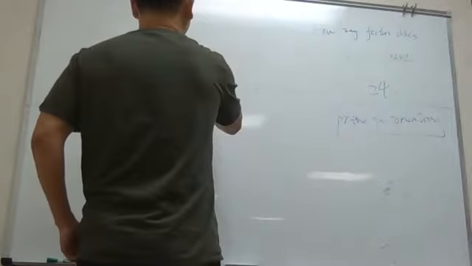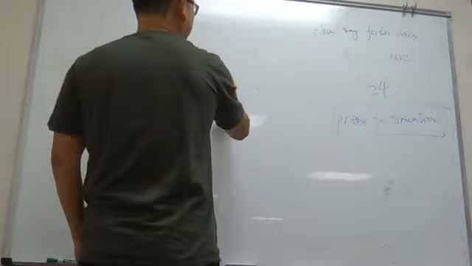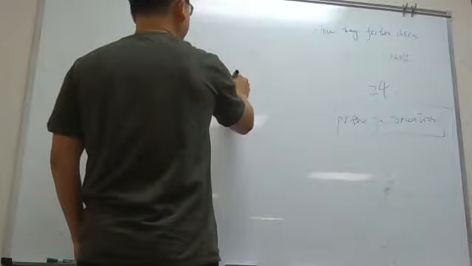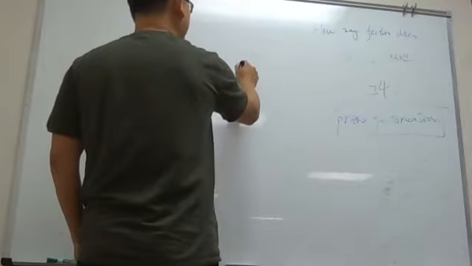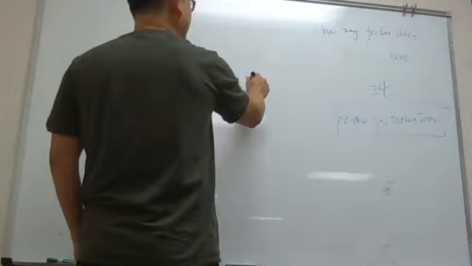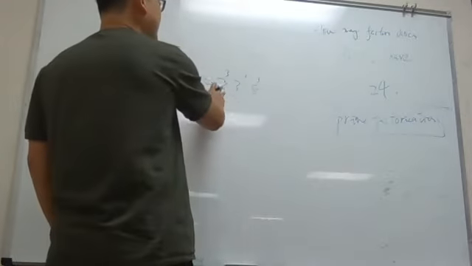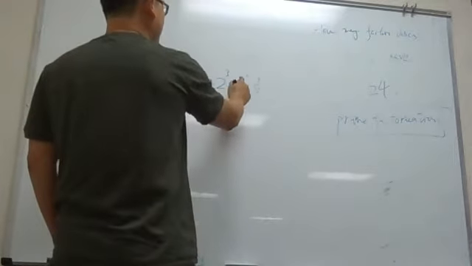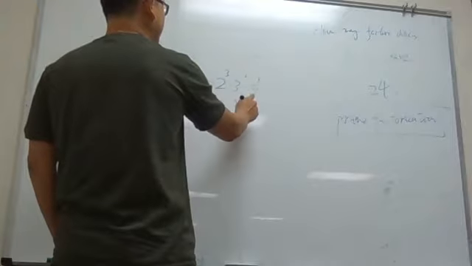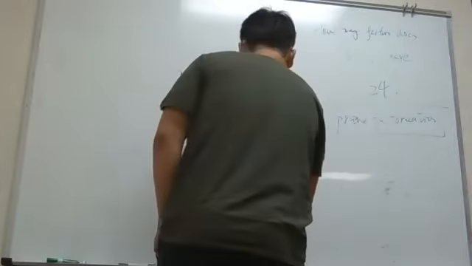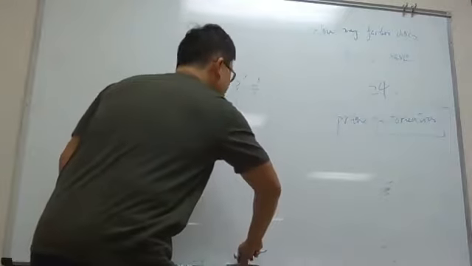I think it's 2 to the power 3, and then 3 to the power 2, and then 5 to the power 1. If you just want to double check, that's 8, that's 9, that's 5. If you multiply them together, you get 360.